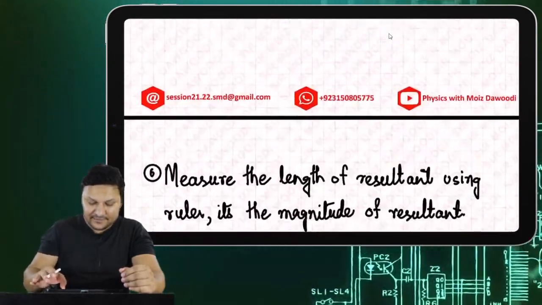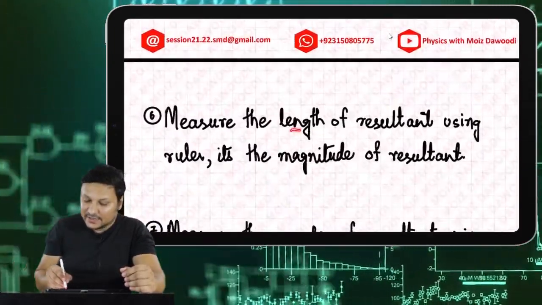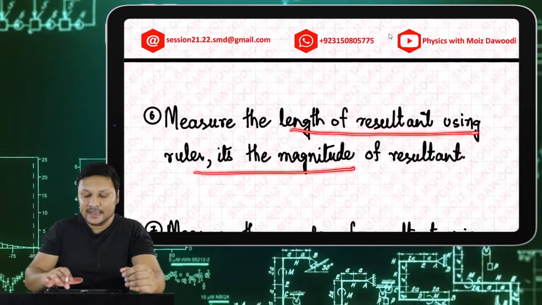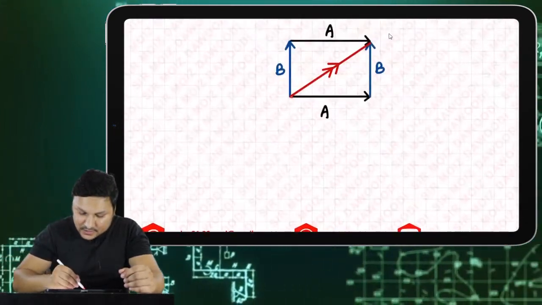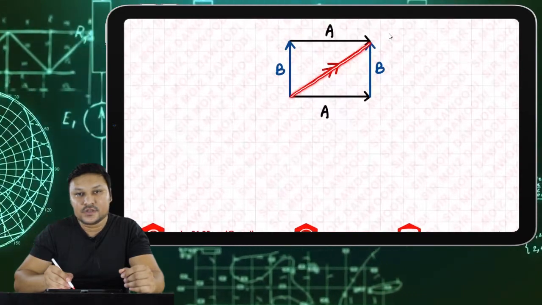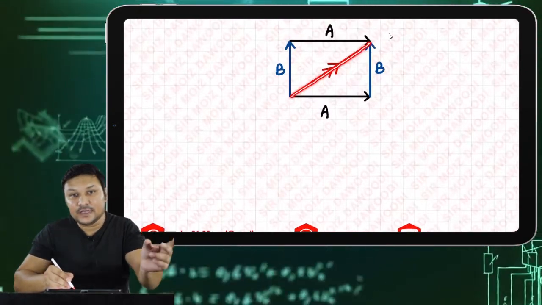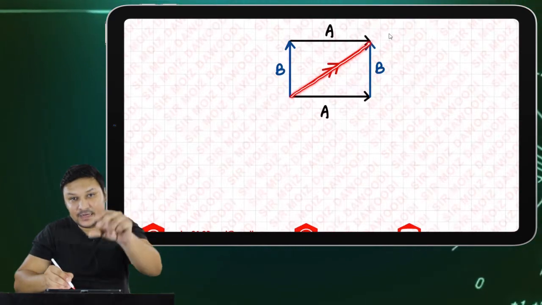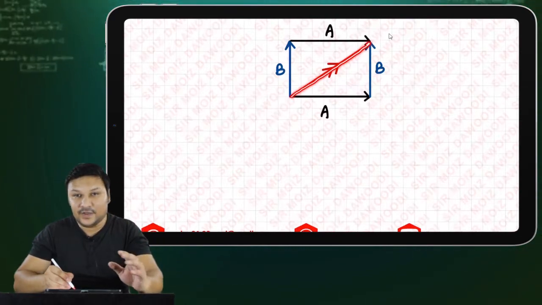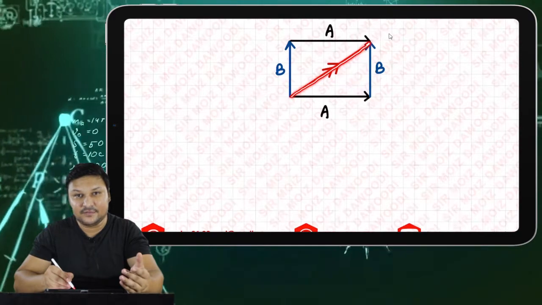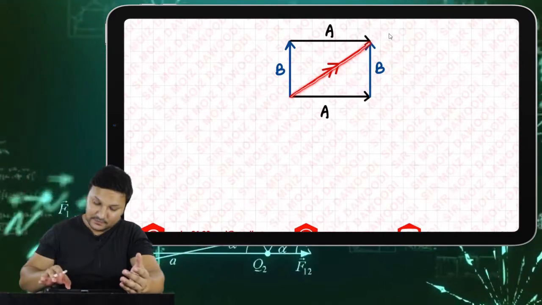So now what do we have to do? We have to measure the length of the resultant using a proper ruler, and we will convert the length on the ruler in terms of whatever the value of vector is given, according to the scale.